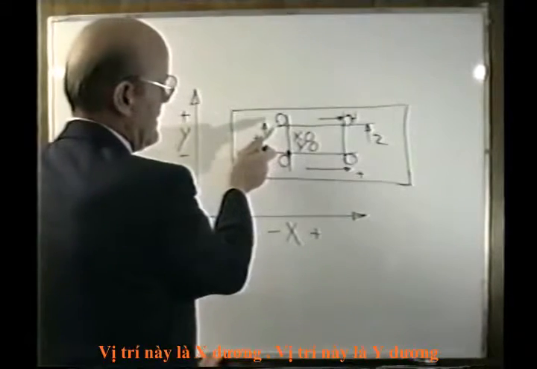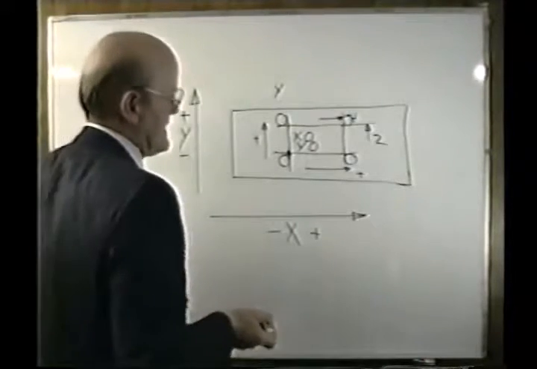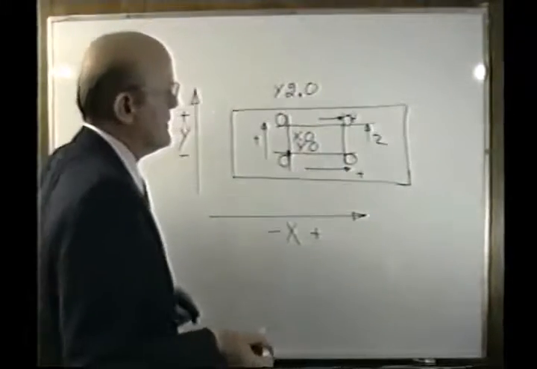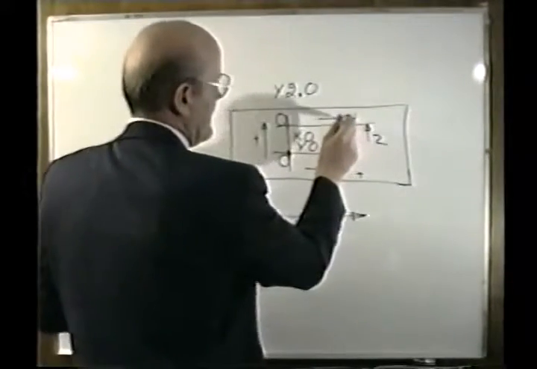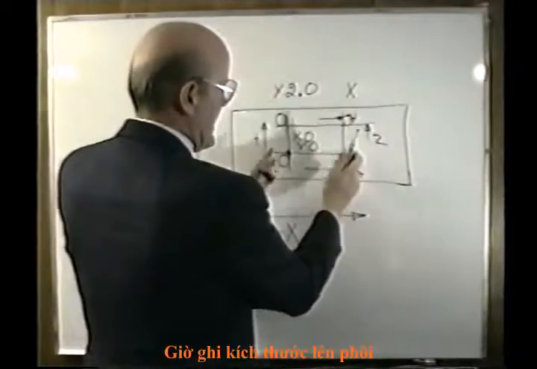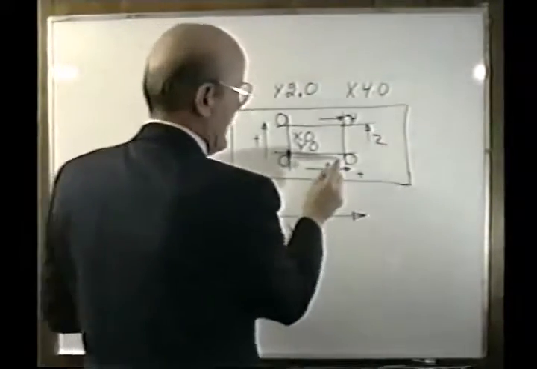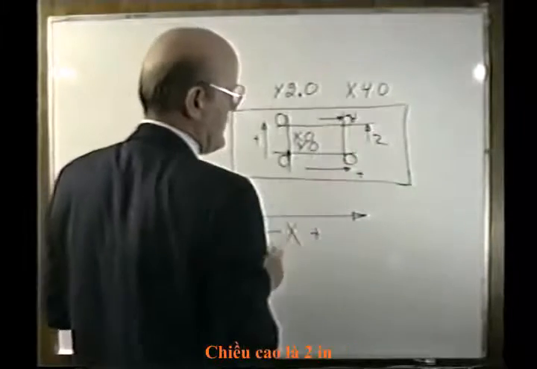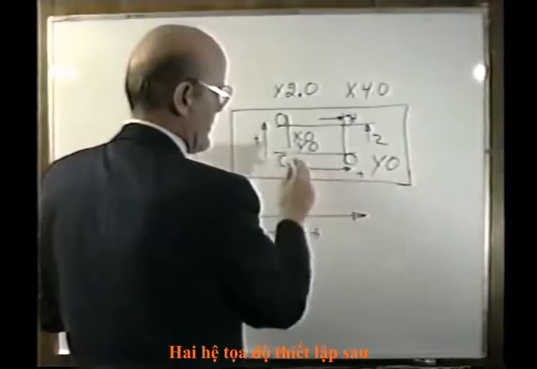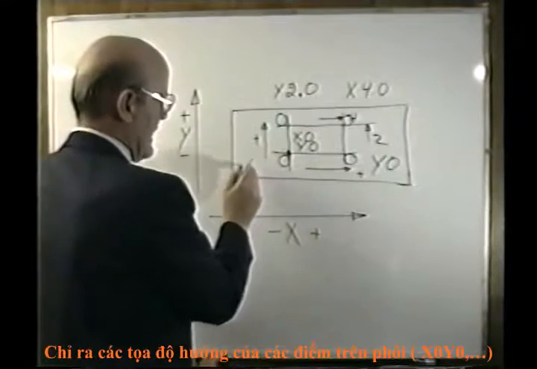This point up there would be called something in the y direction, and it would be the actual size of the part. If the part is 2, this is y2.0. This point right here would be located at x, and the actual part size is 4, that would be x4.0. This point down here would still be at x4.0, but in the y direction it would be at y0, because this represents y0 in this direction. And finally, this point is located at x0.